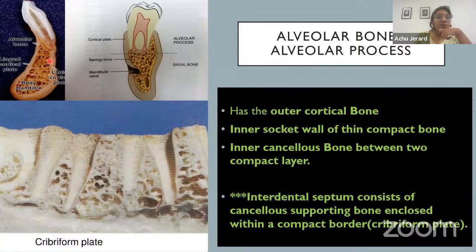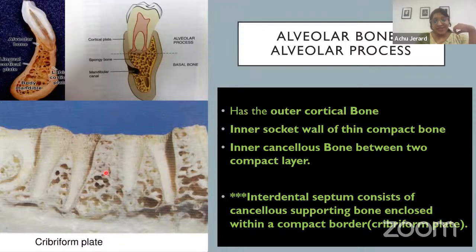Here there is a hard cortical plate, and inside you have the porous cancellous bone. So there is an outer cortical bone and an inner cancellous bone present in relation to the alveolar process. That is very important.